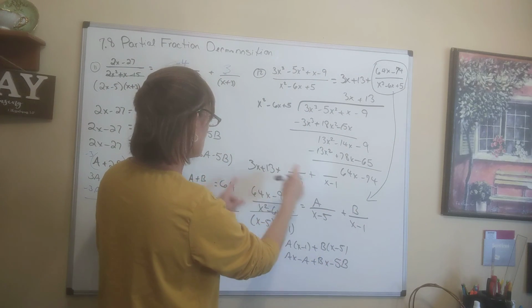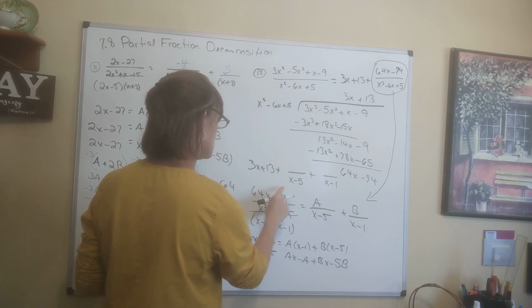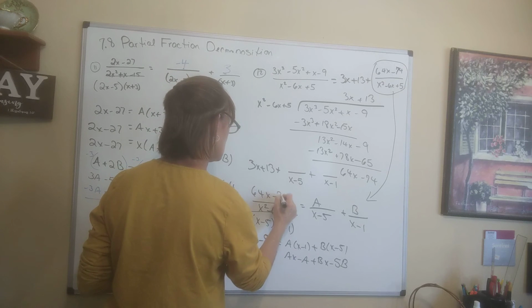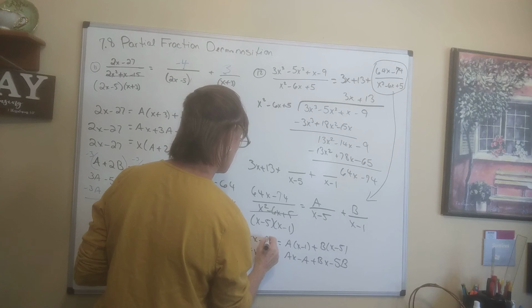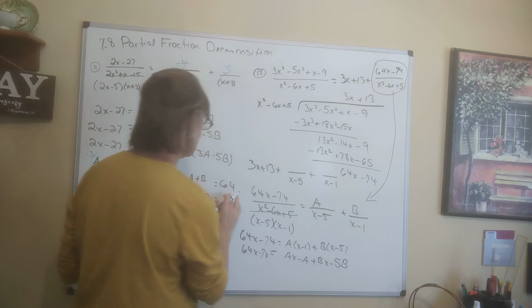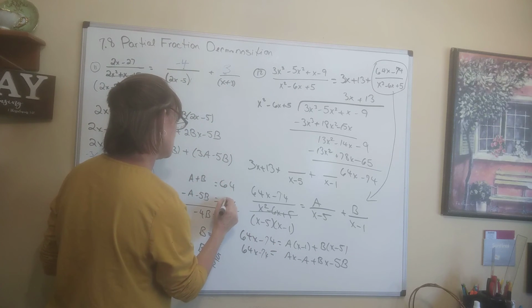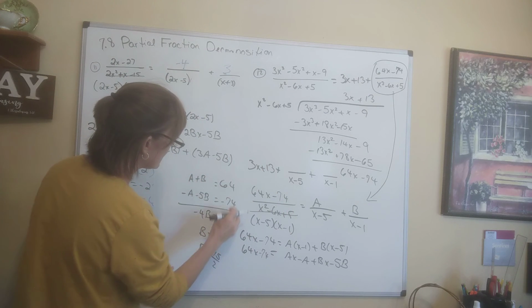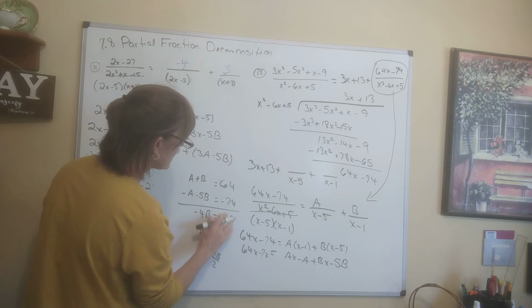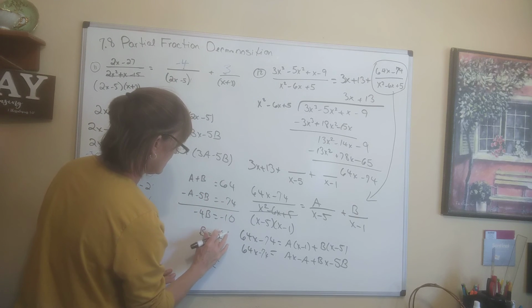This is 74. All right. That changes things. That means that this is going to be not negative 30, but negative 10.